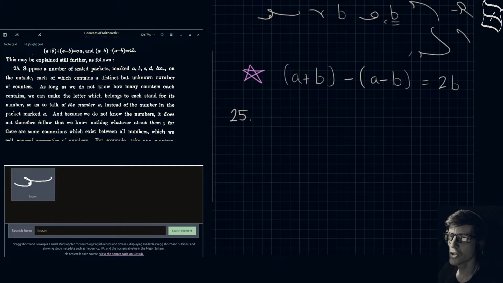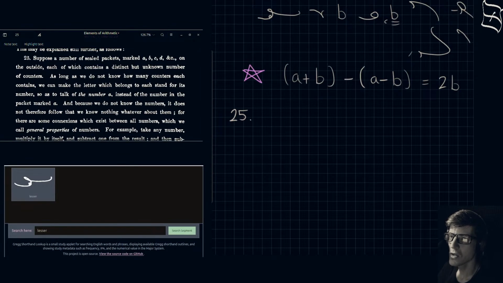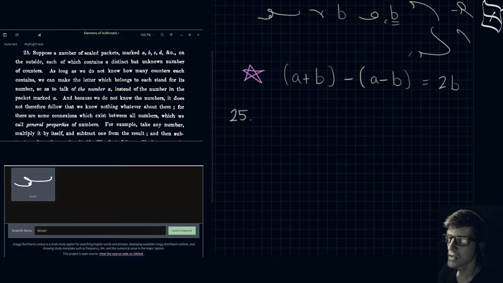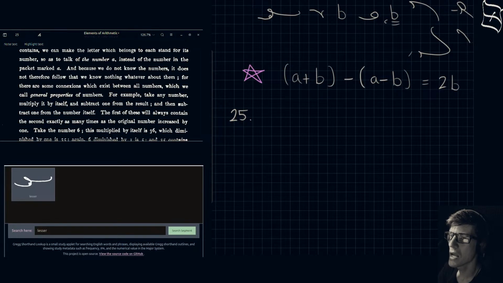It says, as long as we do not know how many counters each contains, we can make the number which belongs to it stand for its number, so as to talk of the number A instead of the number in the packet marked A. And because we do not know the numbers, it does not therefore follow that we know nothing whatever about them, for there are some connections which exist between all numbers, which we call general properties of numbers.